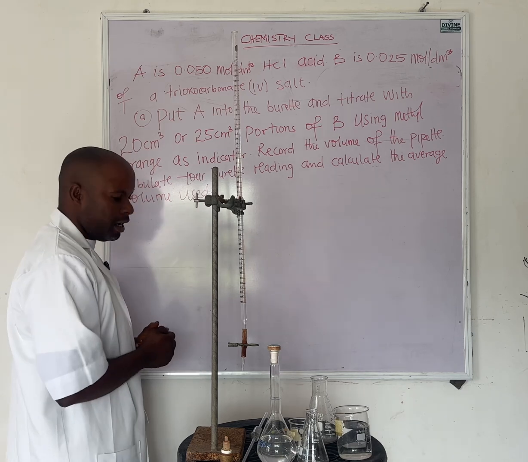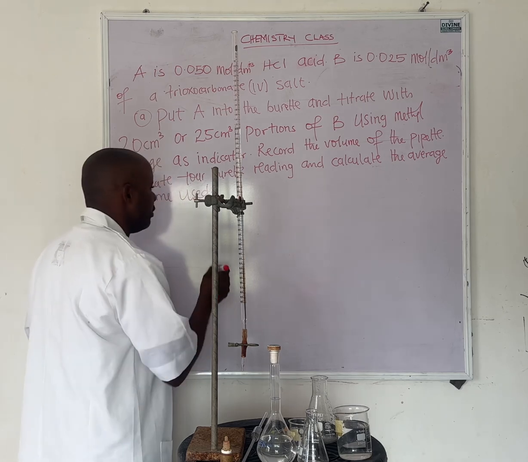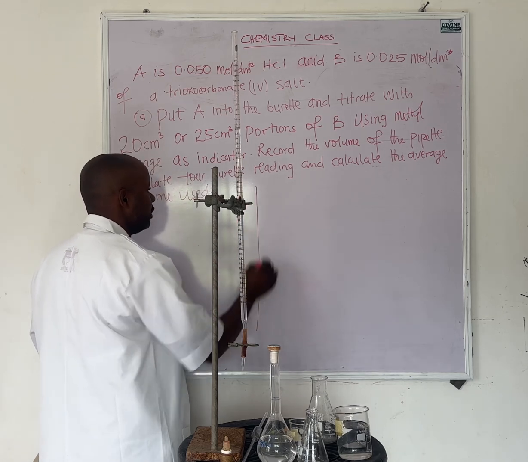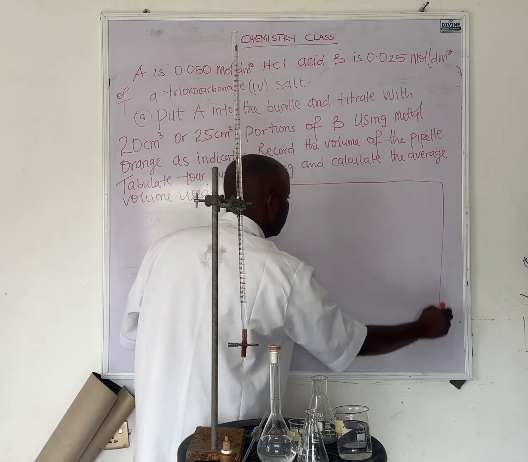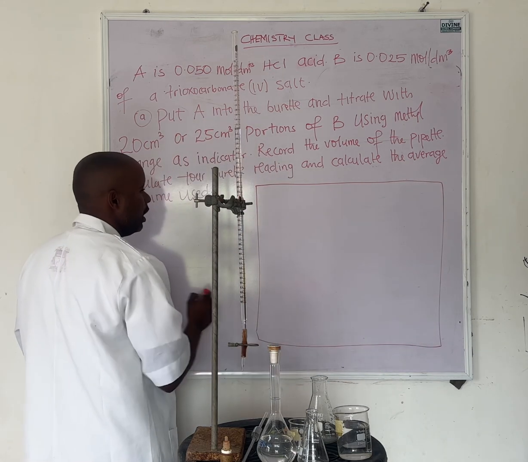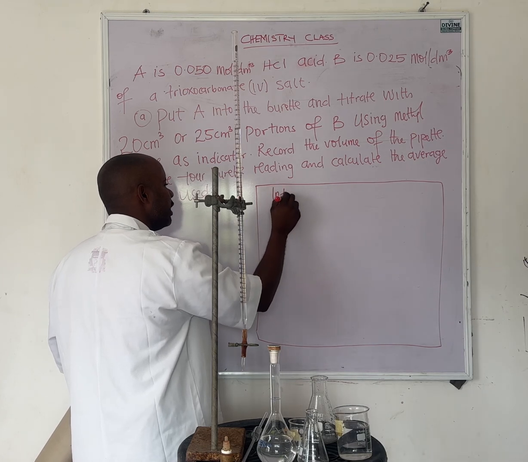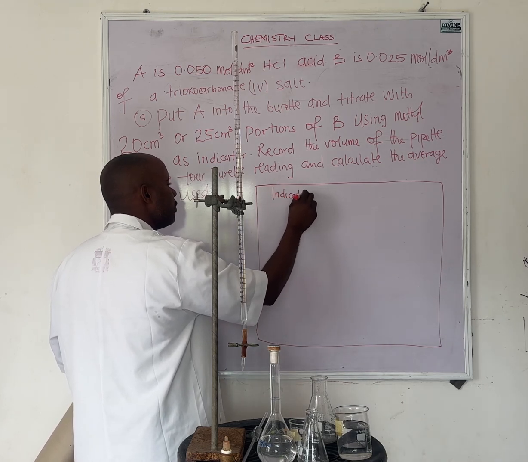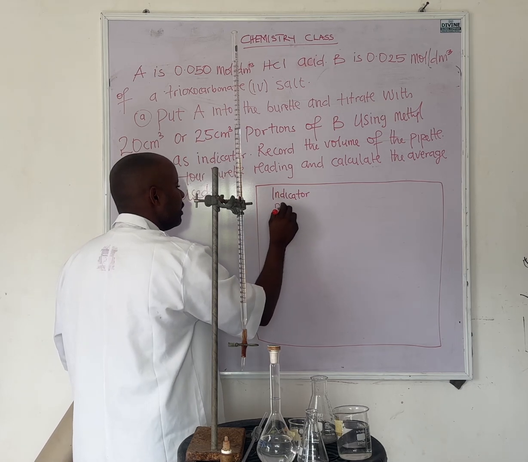As I've discussed before now, we have a stipulated table for acid-base titration. So let's have a specific table for acid-base titration. The indicator that is given to us must be boldly written at the top of your table.